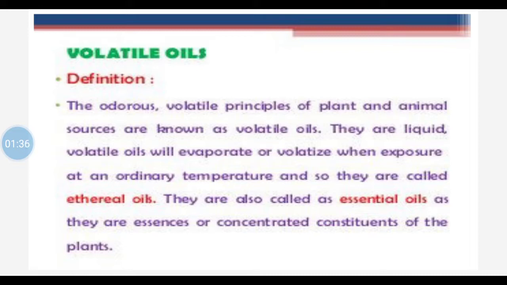Another name for these oils is essential oils, as they act as essence, or we can say flavor. So they can give a very good and remarkable flavor, isn't it? So they are essences or concentrated constituents of the plants.